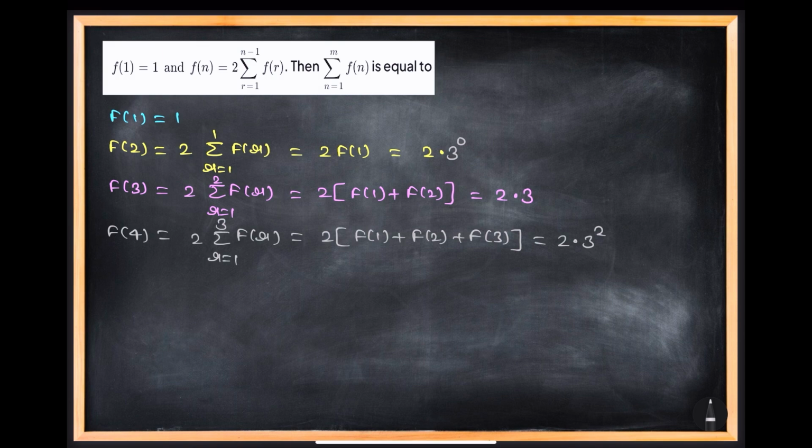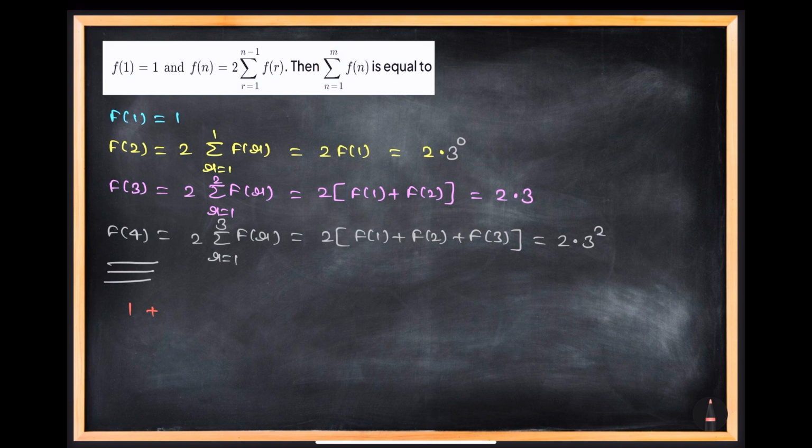My point is this pattern will keep on going and the final conclusion will be, look at this. It starts from f1. So who is f1? f1 is 1. Now who is f2? You will be adding this thing. Now you will be writing f1 plus f2 plus f3 plus f4 dot dot dot fm.